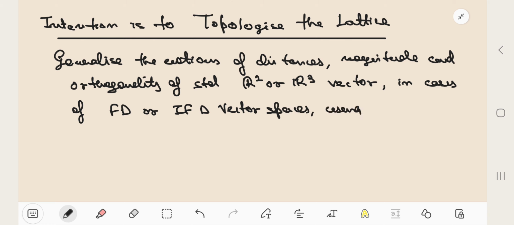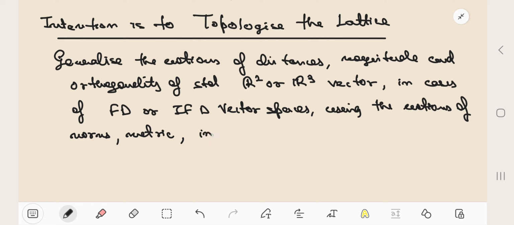using the notions of norms. Norms are usually used, on a basic note, to talk about the magnitude of vectors, or rather the distance of a vector from the origin, and these norms sort of induce the concept of the metric function, which actually generalizes the concept of distance between two vectors.